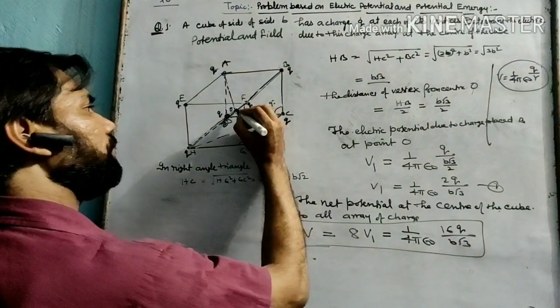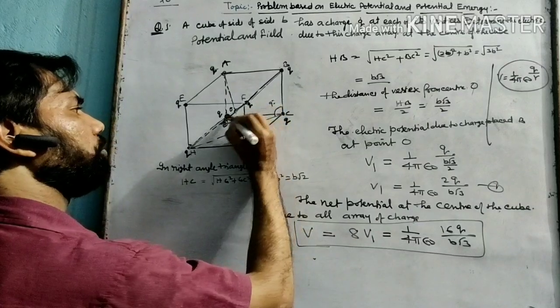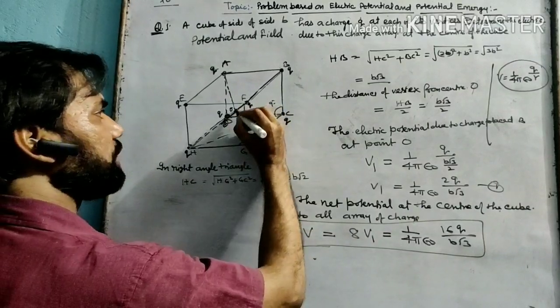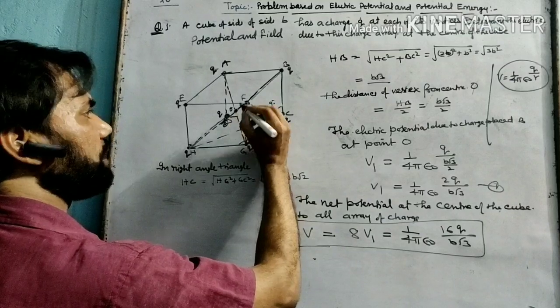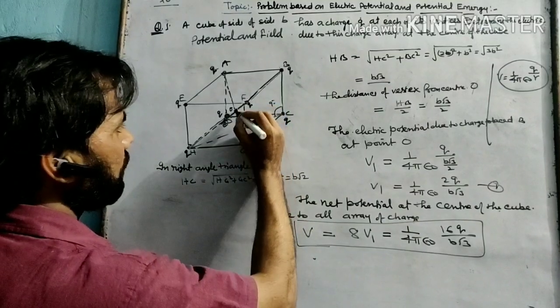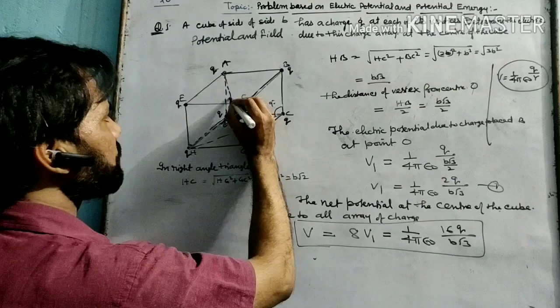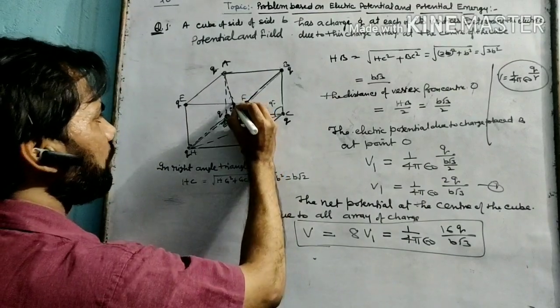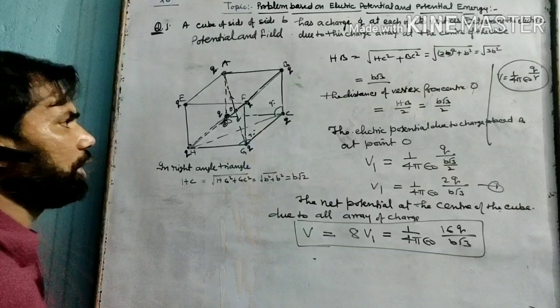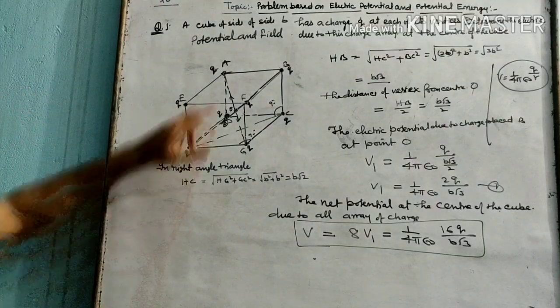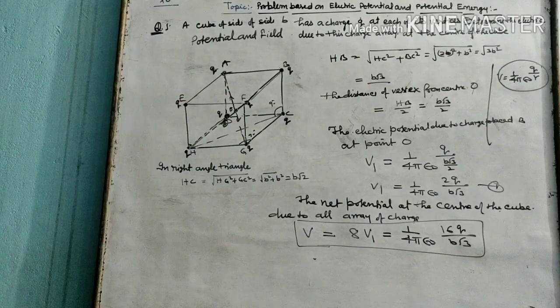So the electric field intensity magnitude-wise will remain the same, but since the direction is different, these fields cancel each other. Similarly, the field due to the charge placed at A and the field due to the charge placed at G will also be equal in magnitude but opposite in direction, since the field due to a positive point charge is away from the charge, so these fields also cancel each other.